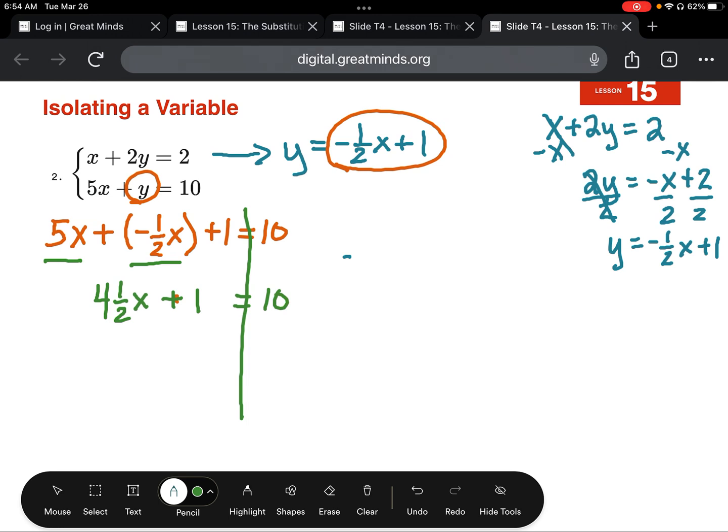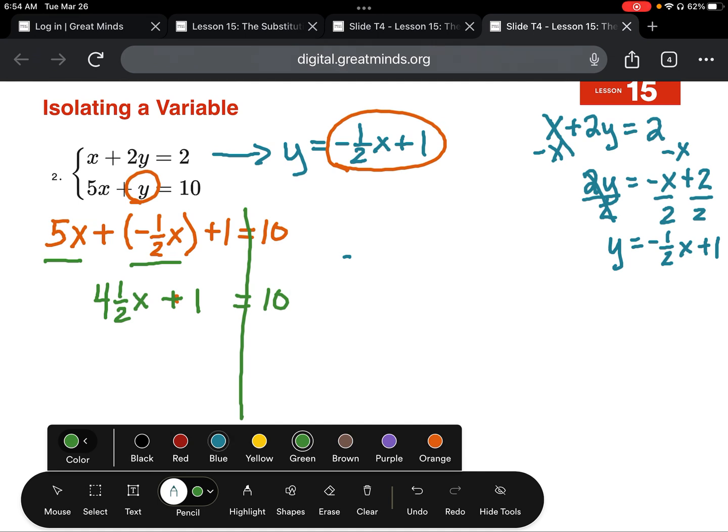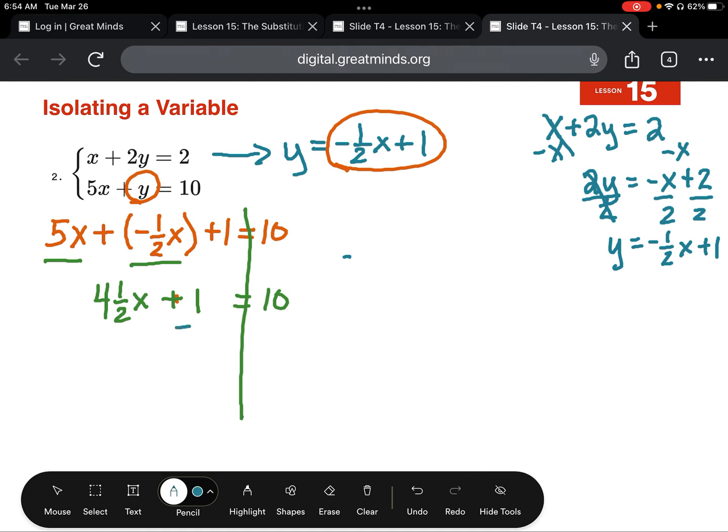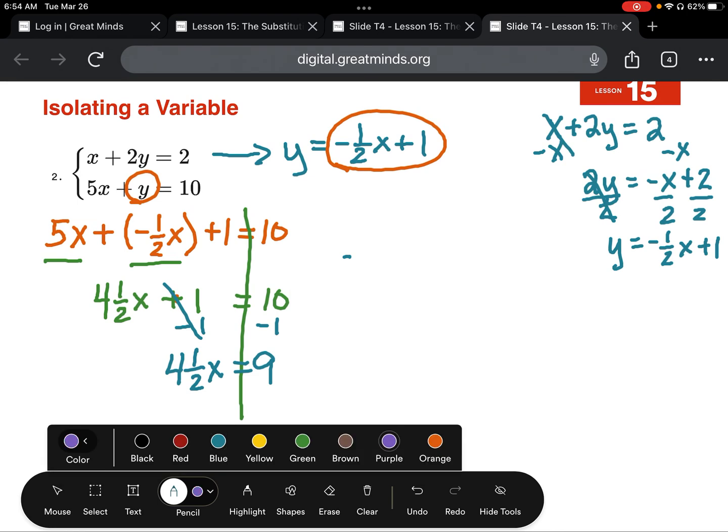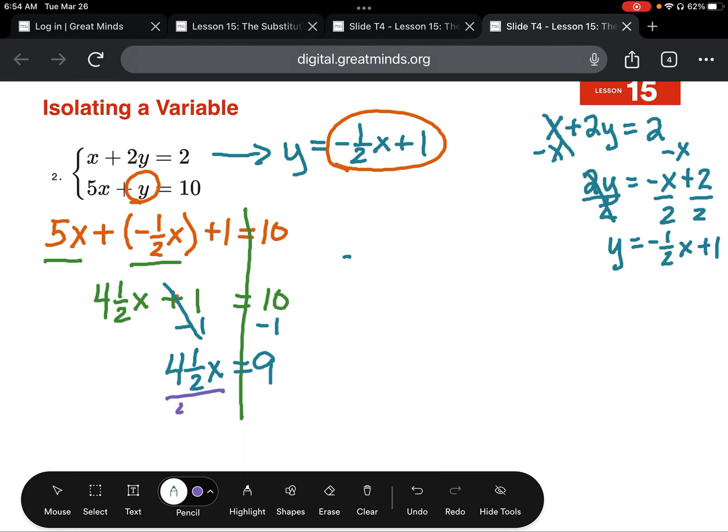Remember now, my goal is to get x alone. So hopefully we're really good at this. I'm going to subtract 1 from both sides. That leaves me with 4.5x equals 9. Hopefully we're immediately thinking this is 2, right? Now I'm going to divide both sides by 4.5. X equals 2, right? Because 4.5 goes into 9 2 times.